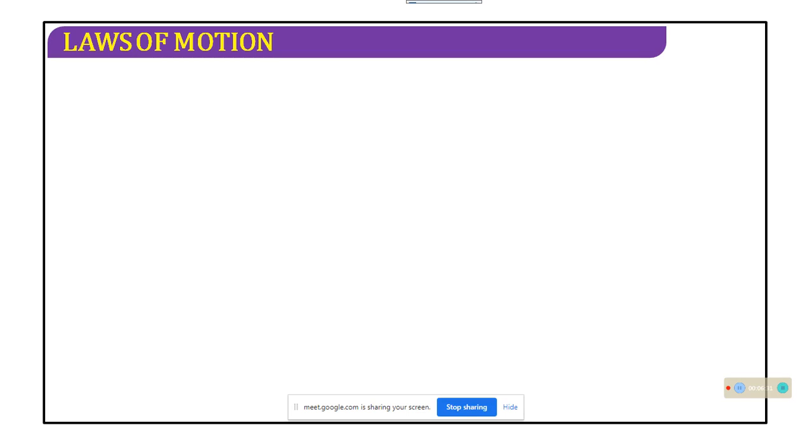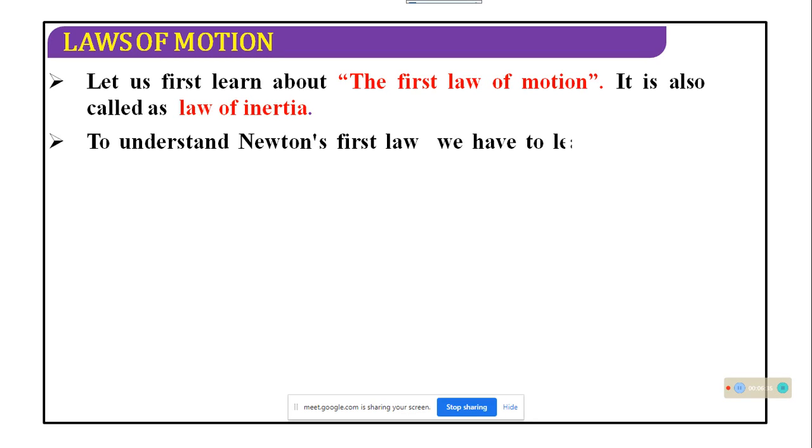What is inertia? Let us first learn about the first law of motion. It is called the law of inertia. Let us learn what the first law of motion is. This first law is called the law of inertia.